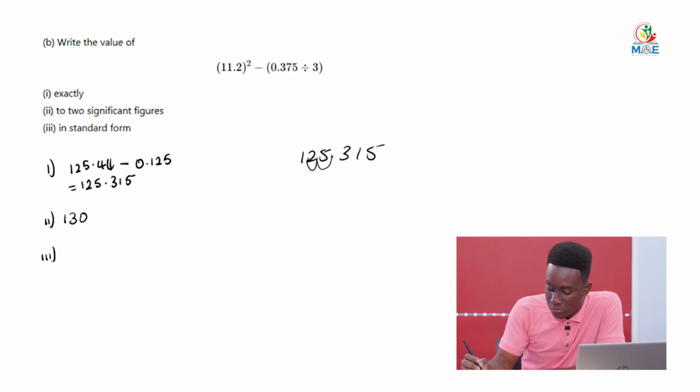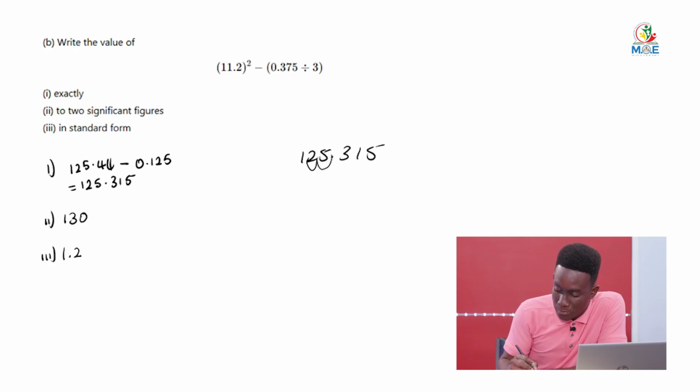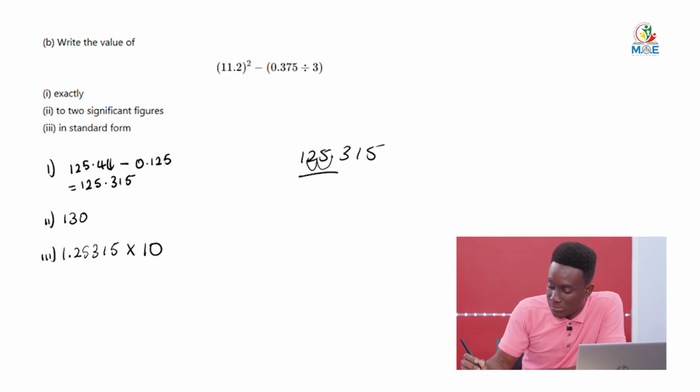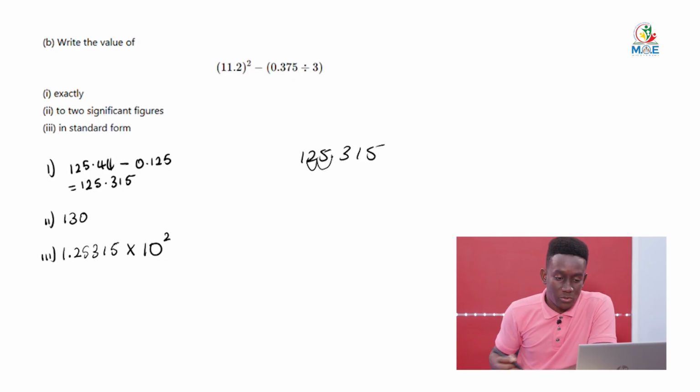So we jump 1, 2. So this will become 1.25315 multiplied by 10. Because we moved the decimal point 2 times, this will be 10 raised to the second power. And also the original number is greater than 1, so the 2 will be positive 2. And that is the answer for this question.